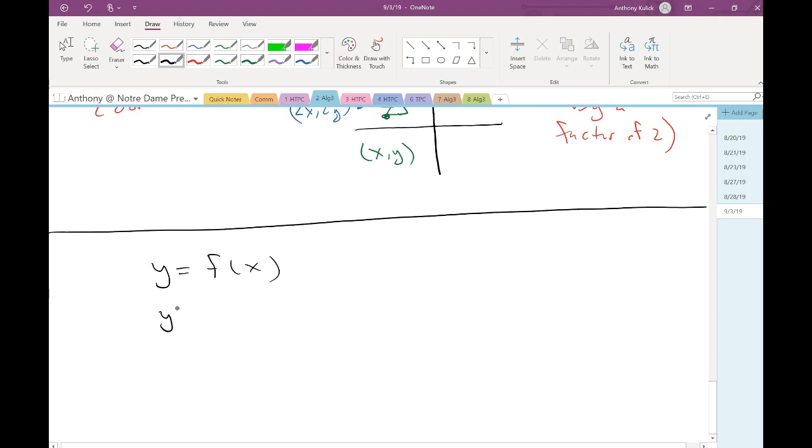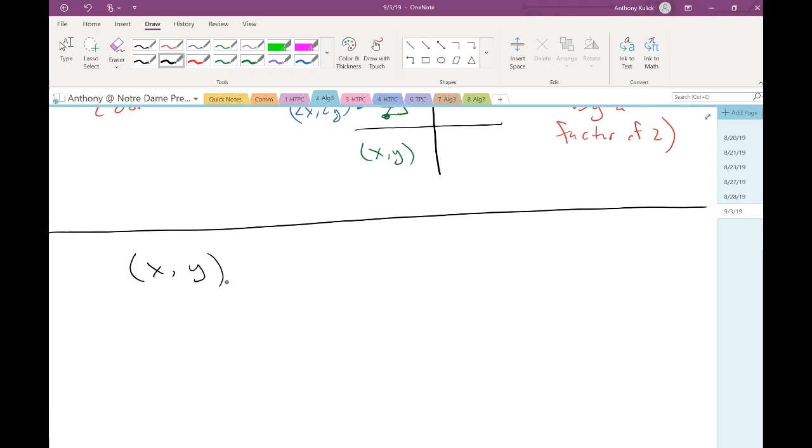So if I change the y coordinate, I could multiply the y for my dilation or my reflection, right? Let me pause here for a moment and go back. I want to do something in between, though. I think it'll be a little bit more clear as to where I'm going with this.